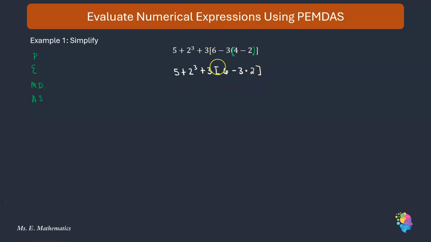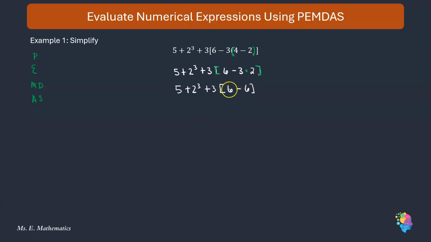Continuing on, since we still have a grouping symbol, we're going to do this one first. I have subtraction and multiplication. Because multiplication comes before subtraction, I am going to do the multiplication here first. So this is 5 plus 2 to the third plus 3, square bracket, 6 minus 6, because that is a result of 3 times 2.